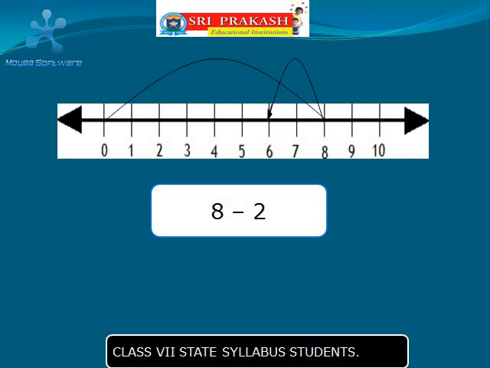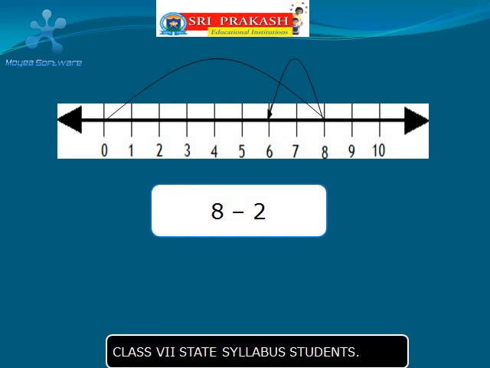The first number is 8. So we should move towards right hand side by 8 spaces or 8 units. 1, 2, 3, 4, 5, 6, 7 and 8. We reach at 8. And second number is minus 2.